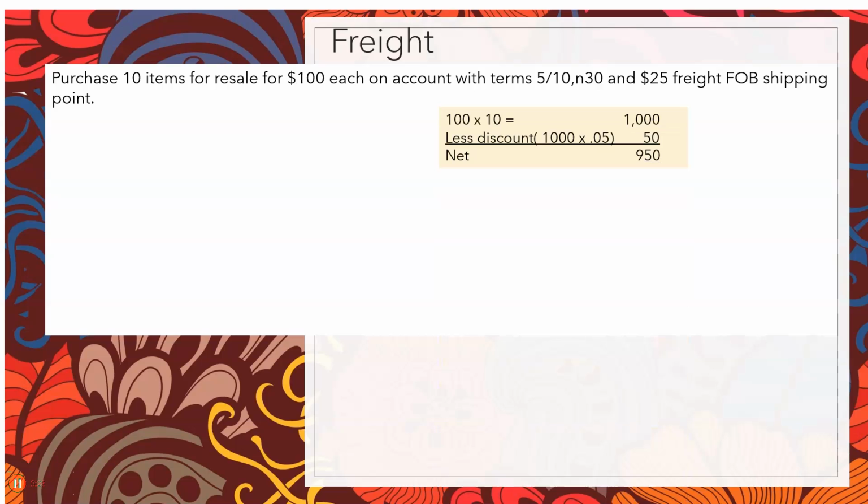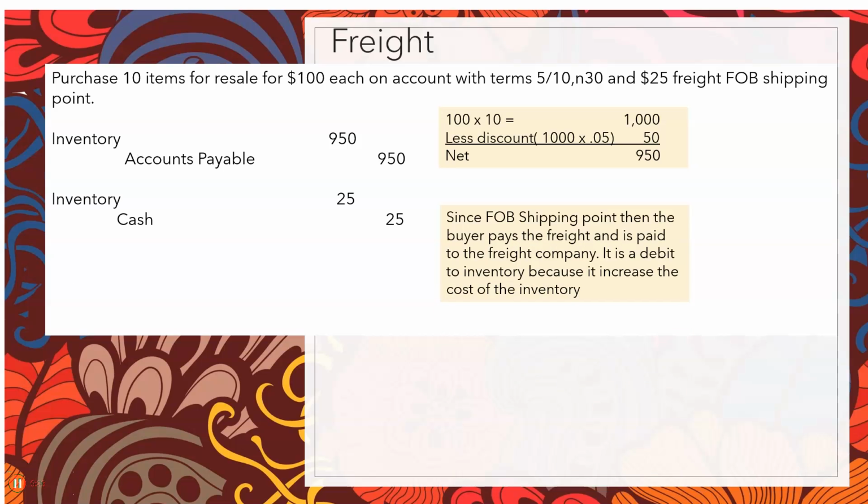I had to fix my mistake there. All right, so it's going to be $950, and accounts payable is $950. And you're going to book the freight separately because we all know that you're going to pay that to a freight company. However, we're going to debit inventory because it increases the cost of the goods.